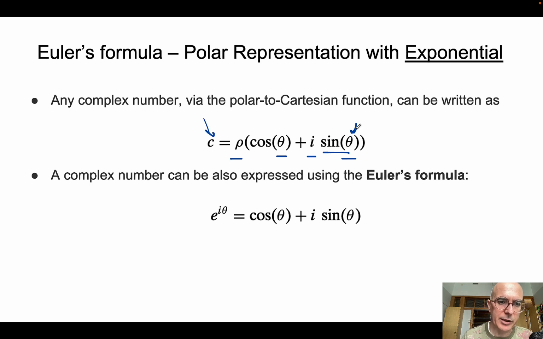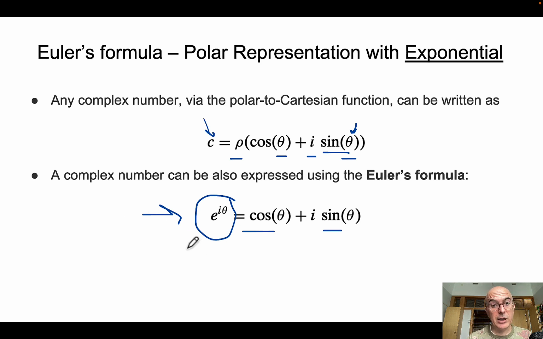Extremely important is to know this Euler formula that connects the cosine and the sine multiplied by the imaginary unit with the exponential of an imaginary number. This is an important formula that we will also use in this course, and we need to know it very well.